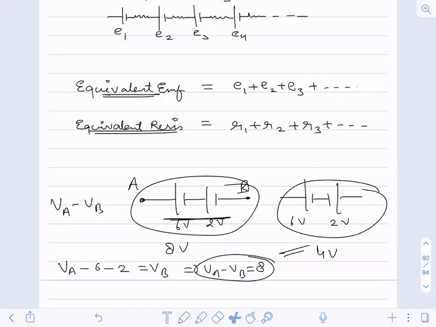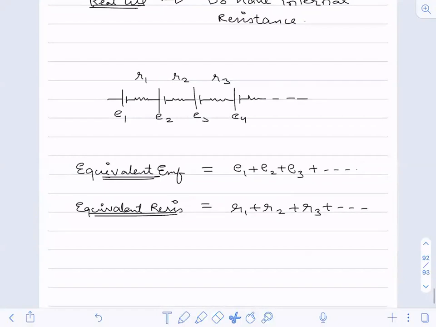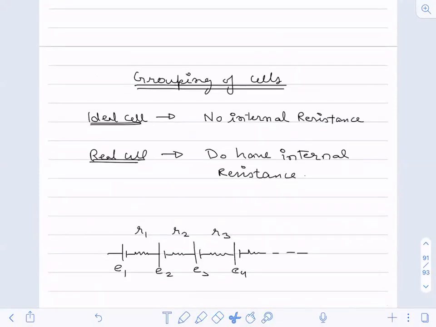So all these things you have done. This is an additive circuit. The circuit in front of you is an additive nature of series connection. This is a series connection, but additive in nature.